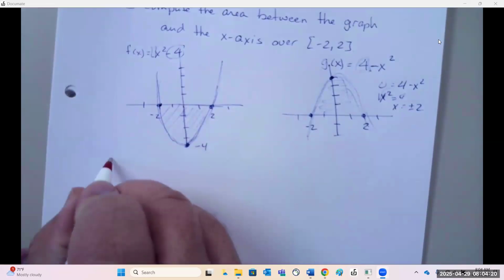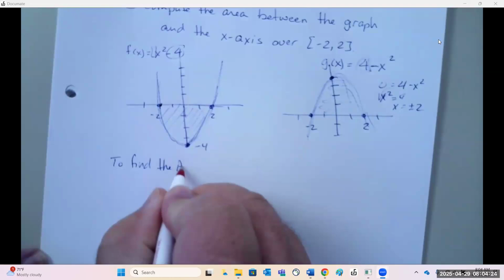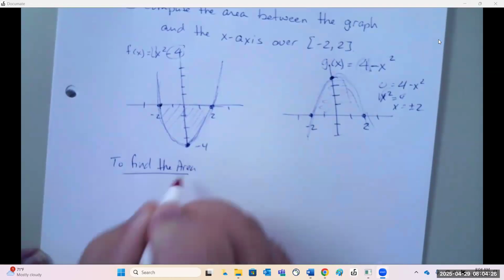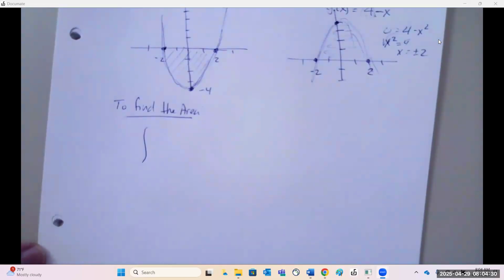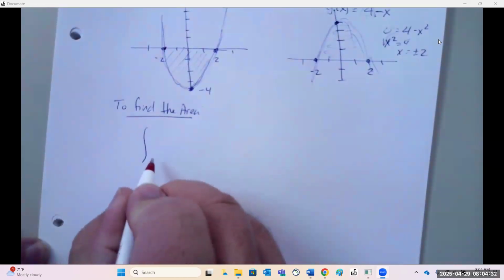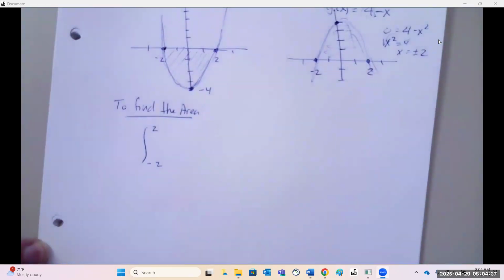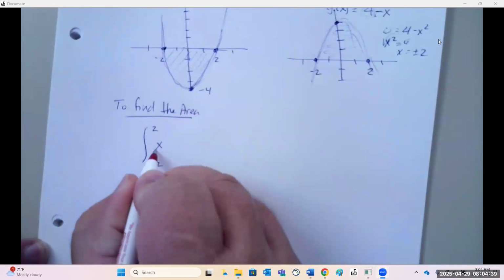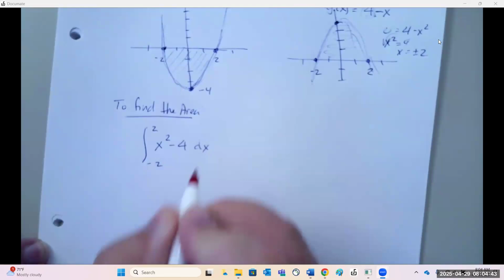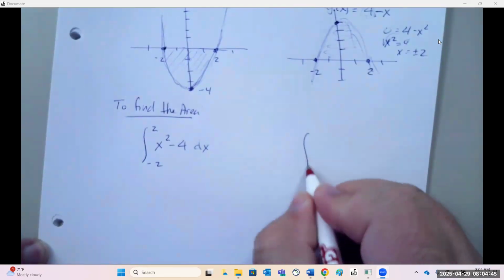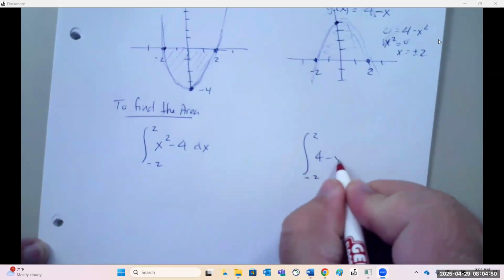So to find the area, we have to take the integral. The integral finds the area under the curve. We're going from -2 to 2 of both functions. We're doing the integral of x squared minus 4 with respect to x, and we're going to find it from -2 to 2 of the other function.